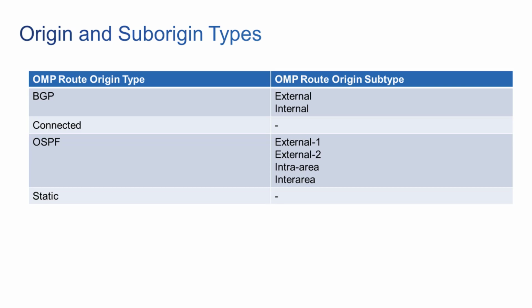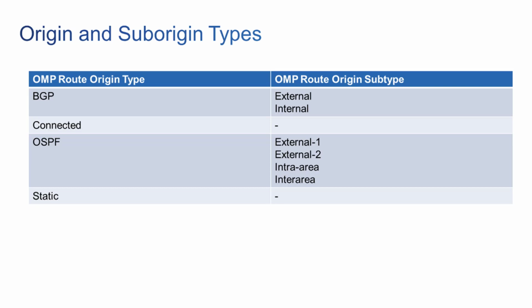Both external 1 and external 2 represent essentially how we deal with the metric when those routes are injected. Type 2 would be the default, where the seed metric stays the same, and with type 1, the seed metric would be modified in that redistribution process. But we'll get into that in a little more detail later on.